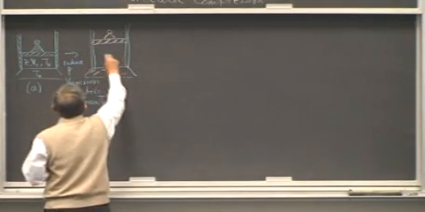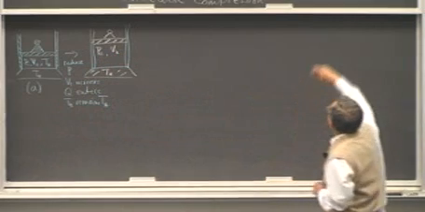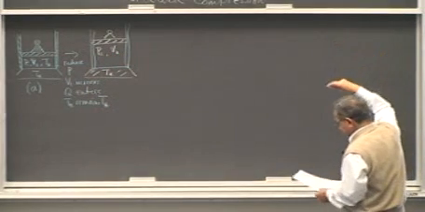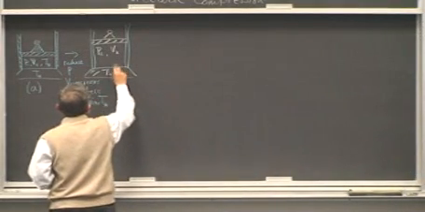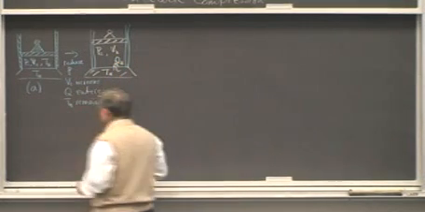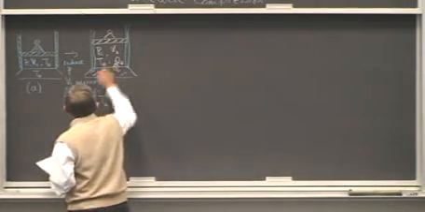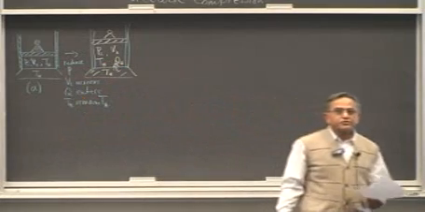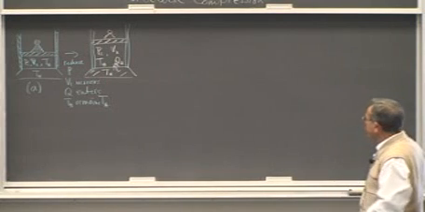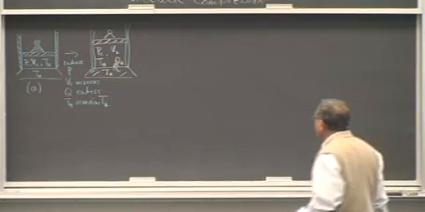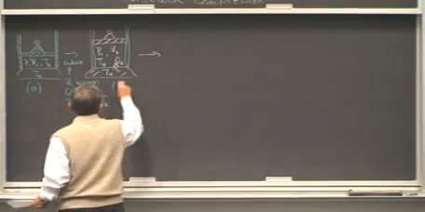Okay, and your P is P2, and volume now has increased to V2 in this case, and QH amount of heat has entered into the system, and the temperature of the system remains at TH. This is where you reach point B.